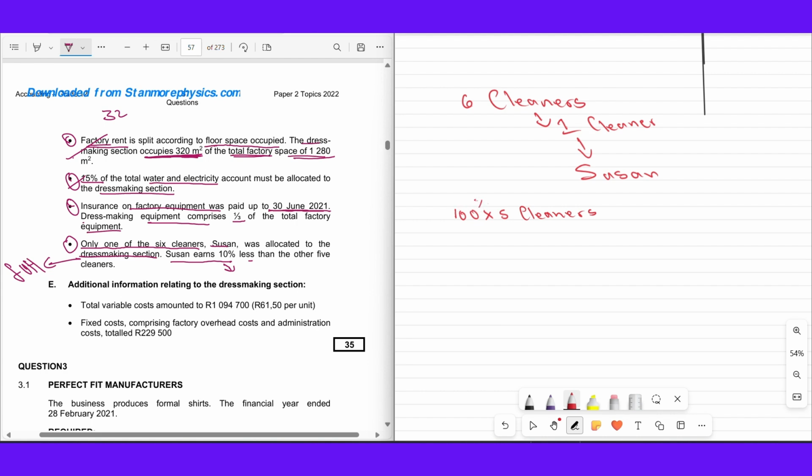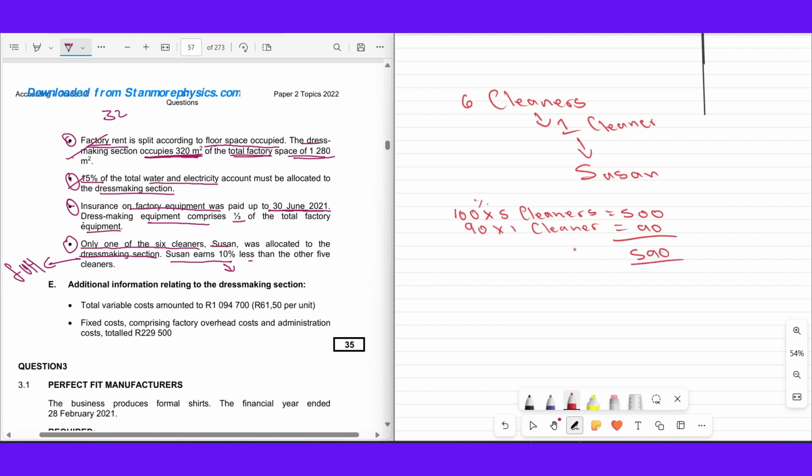So 10% less, you're going to say 100 minus 10, you'll get 90%. Multiply by 1 cleaner. So now 100 times 5 gives you 500. Then 90 times 1 gives you 90. When you add the 2, you're going to get 590.